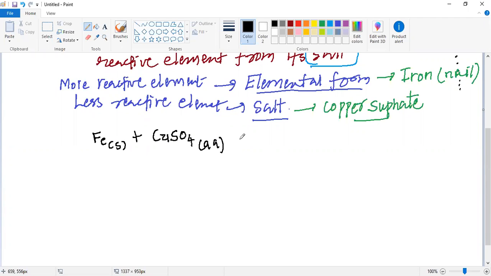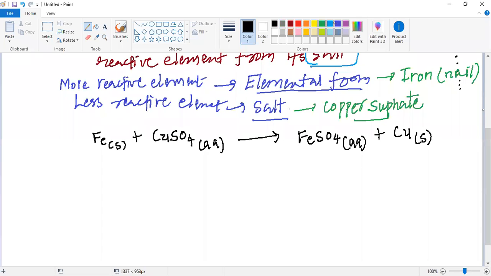That gives us FeSO4, a solution of ferrous sulphate, and copper is released as a solid. So this is how the reaction takes place.